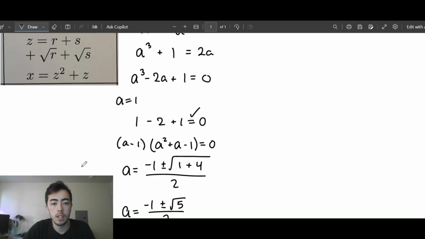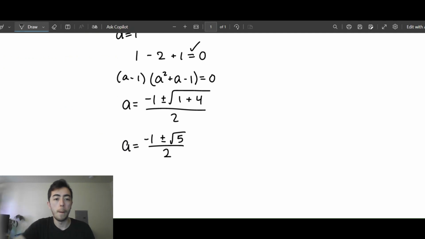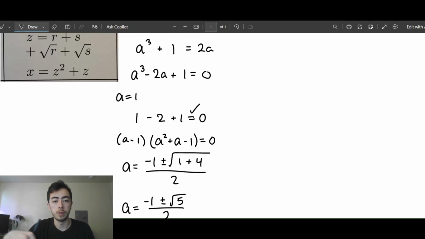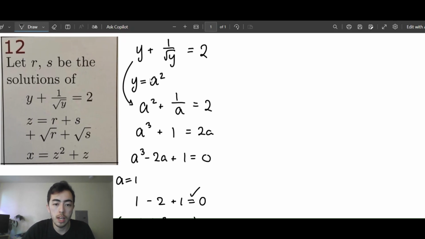And I guess we could translate these values of a back into values of y from before. I'll just use this equation here: y is equal to a squared. And I wanted to find the values of y here. So I'll just square my values of a to get values for y.